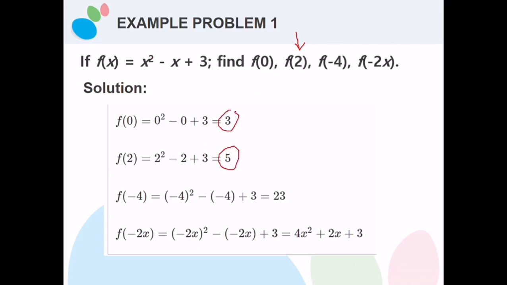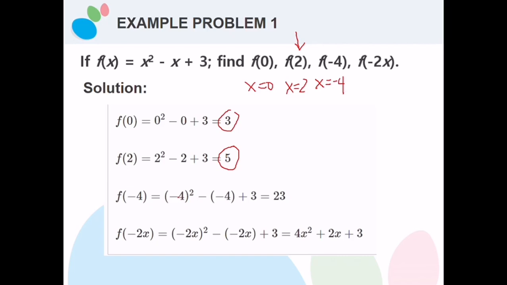In the next one, we are going to find f of negative 4, wherein our x is equal to negative 4. In the first one, our x is equal to 0. Then in the second one, our x is equal to positive 2. On the third example, we're going to find the function wherein our x is equal to negative 4.